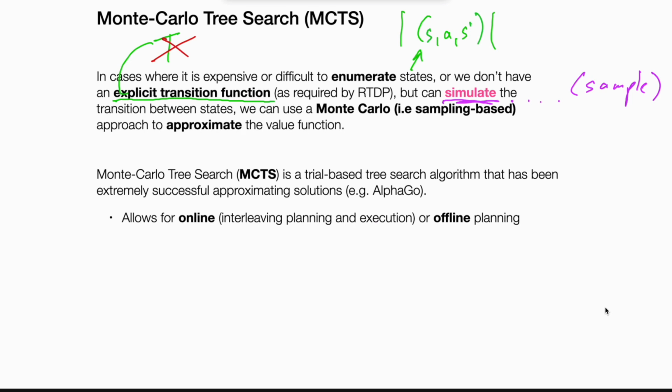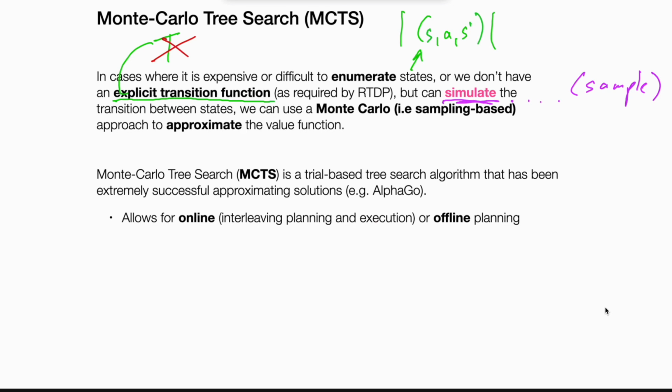And there are many robotics problems like that, where I have a simulator or some other kind of stochastic model of some part of the problem, and I can run that to draw a sample, but I can't ask it for the actual probability.